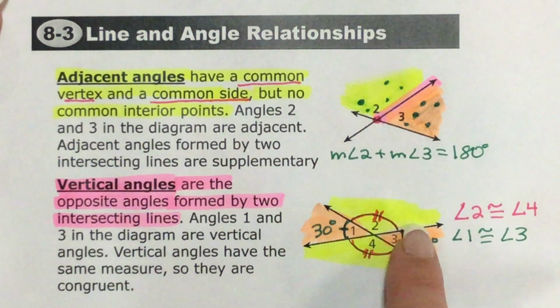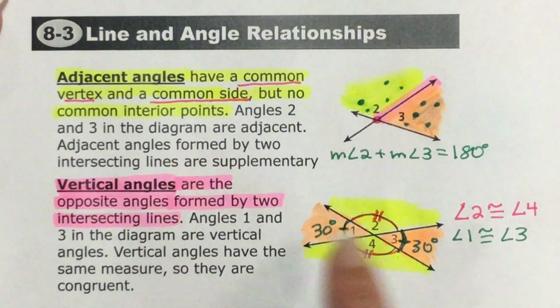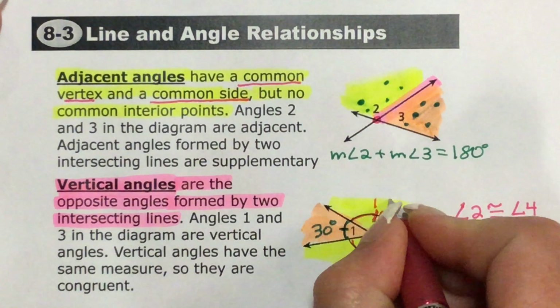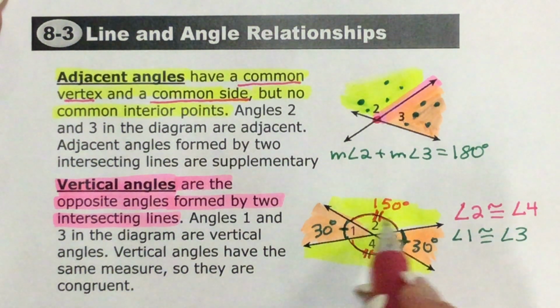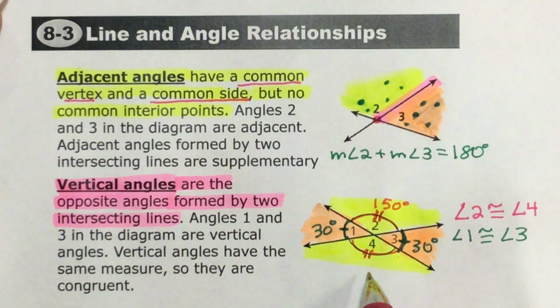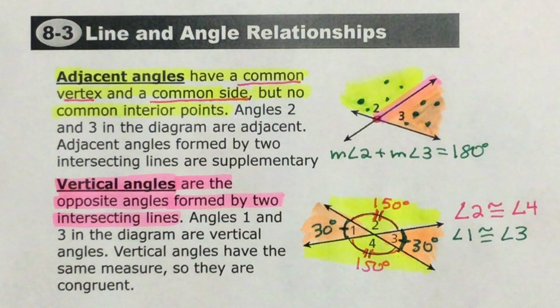That means they add up to be 180 degrees. So if this is 30, that means this has to be 150 degrees because 150 plus 30 is 180. And if this is 150, guess what this is? It's 150 degrees too because of vertical angles. They're the same measure. Okay? So very, very cool.